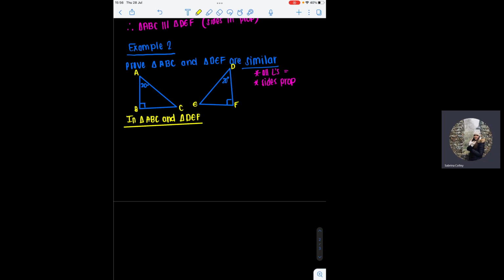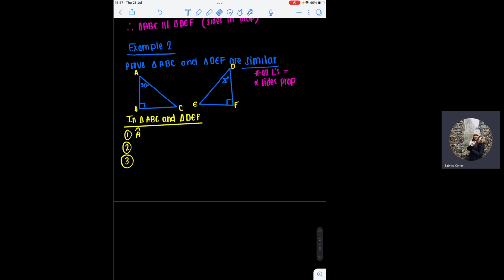Okay, I need to prove that all three corresponding angles are equal. So I need 3 points. All right, so I first say, okay, I know angle A. So be very careful. If I listed triangle ABC first, I need to work with triangle ABC first.